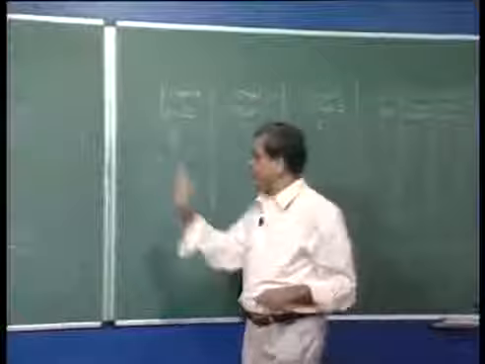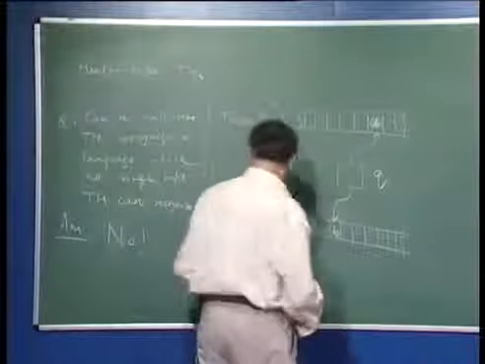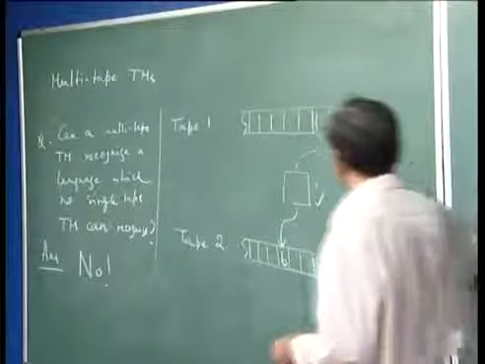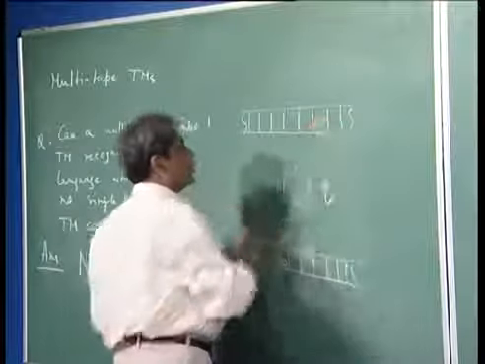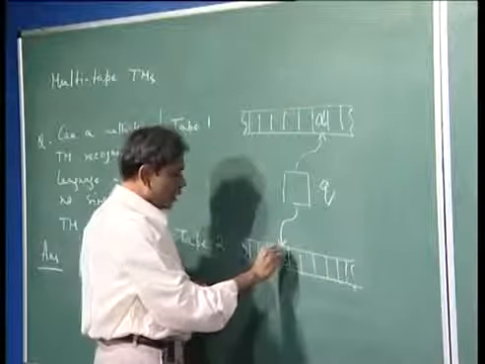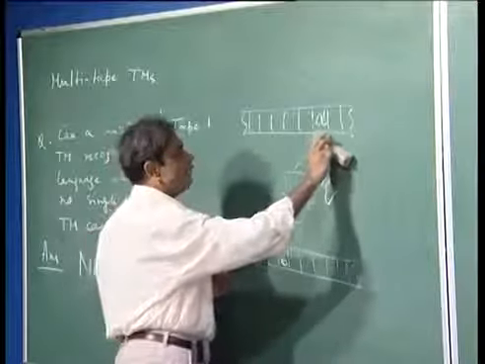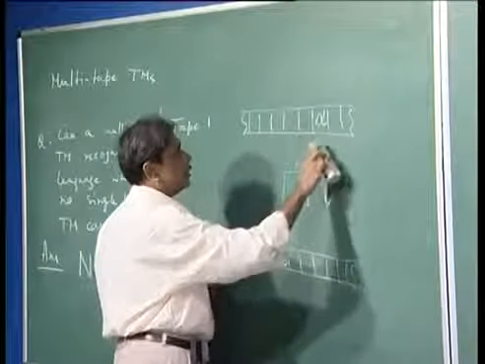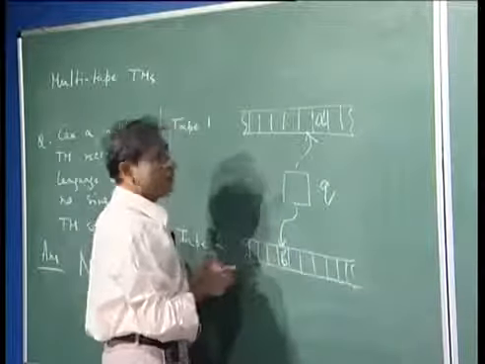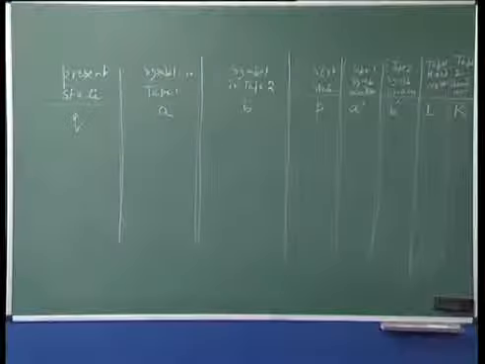So, after the move, instead of A, A prime would be written, instead of B, B prime would be written in the same place, and the tape head in the first tape will move to the left by 1 cell, and for tape 2 the head movement is to the right.